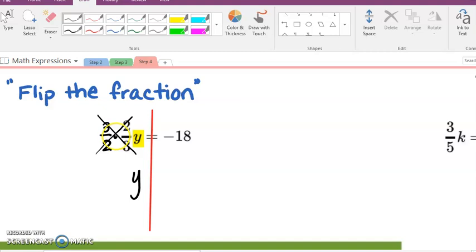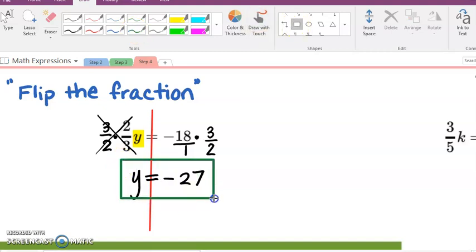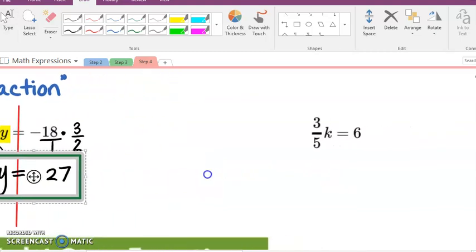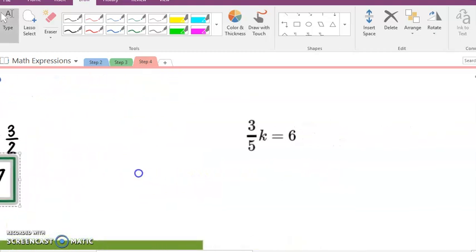But remember, if I do this on the left side, I also do the same thing on the right side. And I multiply and get negative 27. So flipping the fraction will cancel out the fraction you see.